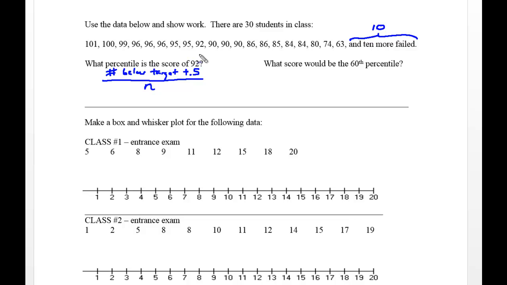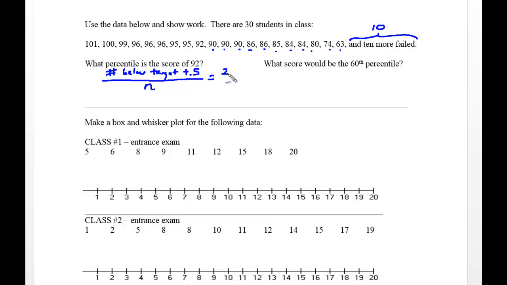So if we look at what percentile you're in with a score of 92, we've got to figure out how many people are below you. So we're going to count, and I'll put little dots here: 1, 2, 3, 4, 5, 6, 7, 8, 9, 10, 11, and the last 10 would be 21.